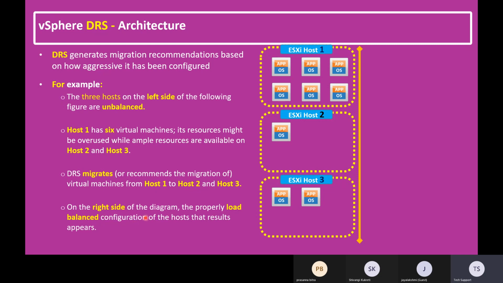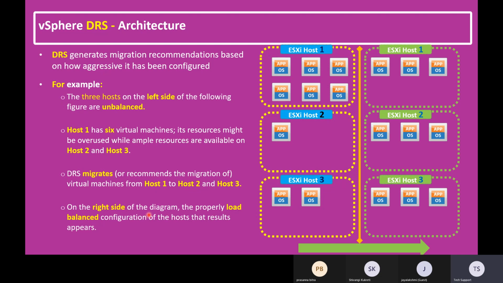Now I'll show the right side diagram. See, this is the right side diagram. Earlier ESX1 had 6 VMs. Now 2 VMs are shifted to ESX2 and 1 VM is shifted to ESX3. So it is already migrated. The left side one shows an unbalanced manner, and on the right side, each host is running 3 VMs, a completely balanced infrastructure.